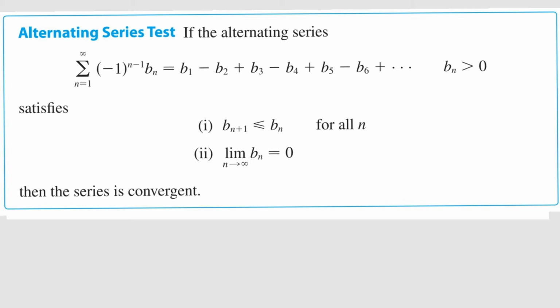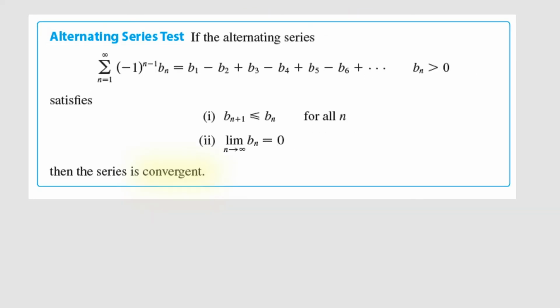The first one is that b sub n plus 1 is less than or equal to b sub n for all n, and the second one is the limit of b sub n is equal to 0 as n approaches infinity. Then we have this conclusion: the series is convergent.